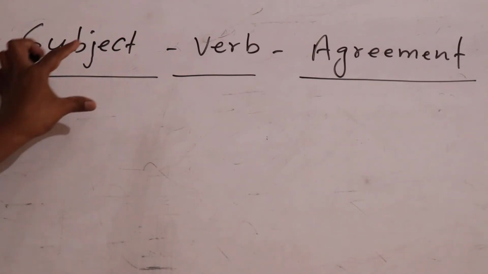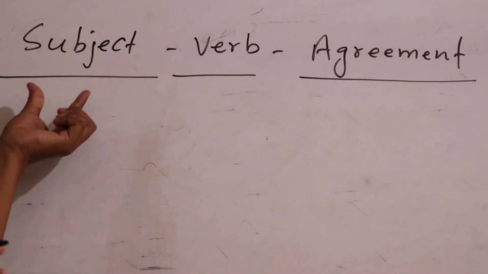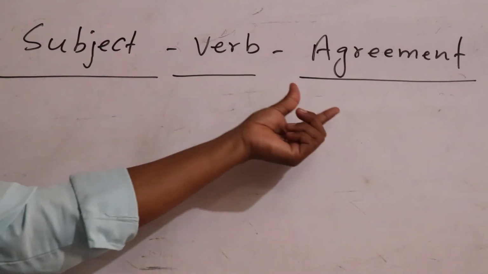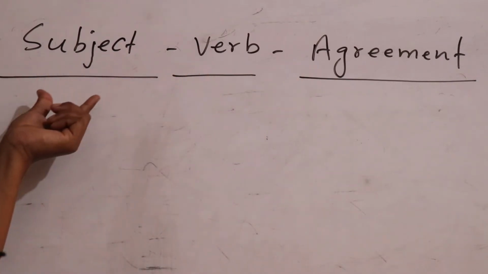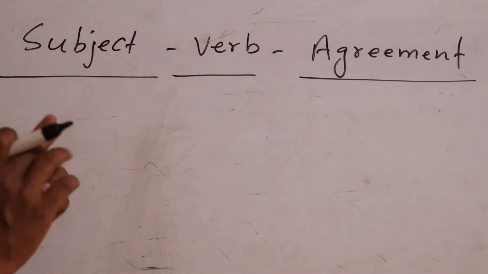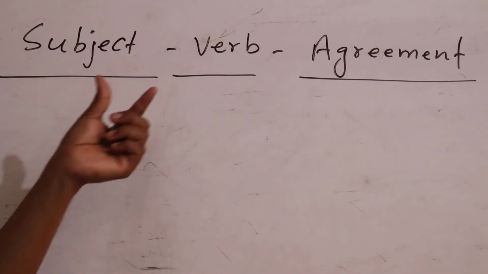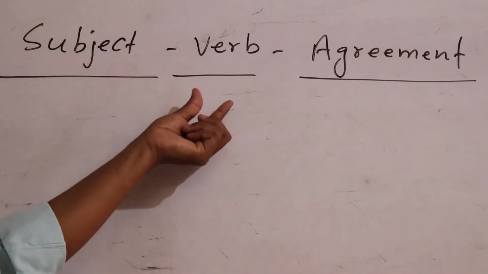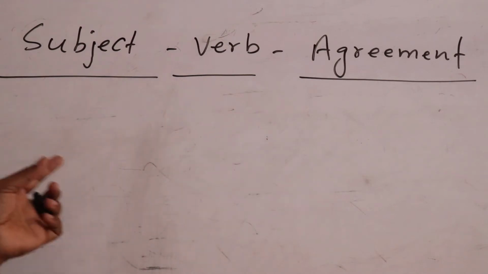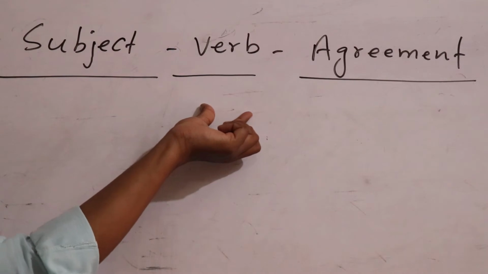So subject verb agreement means matching of subject and verb. Agreement means agreeing subject with verb. There should be a matching relation between subject and verb. Matching relation means when there is a singular subject, accordingly there will be a singular verb. When there is a plural subject, accordingly there will be a plural verb.